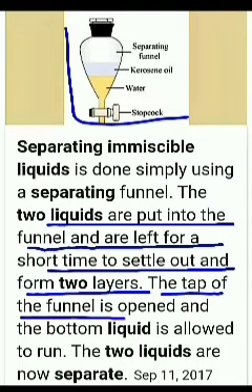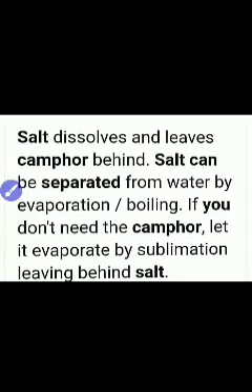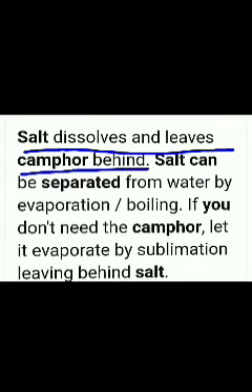The tap of the funnel is opened and the bottom liquid is allowed to run. The two liquids are now separate. So this is also a kind of separation.